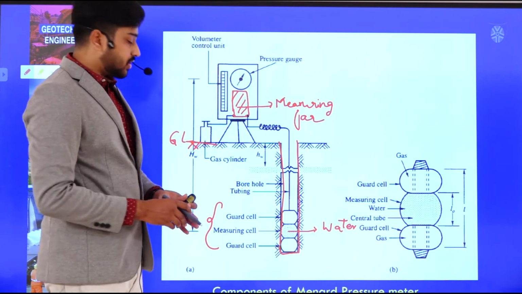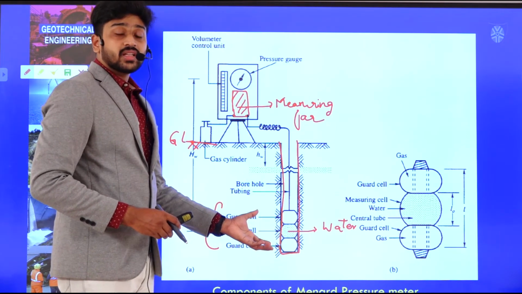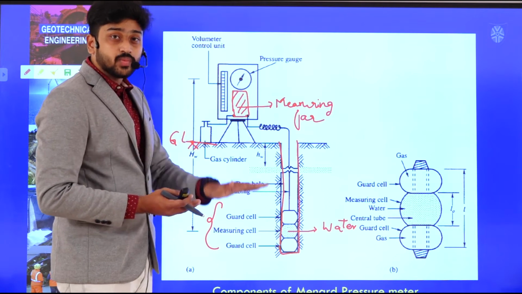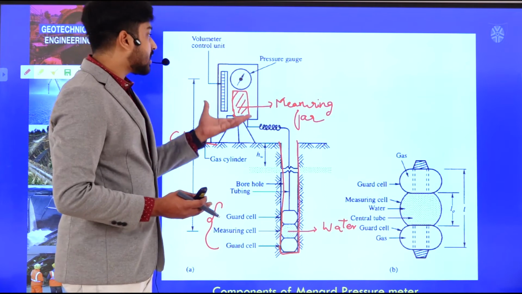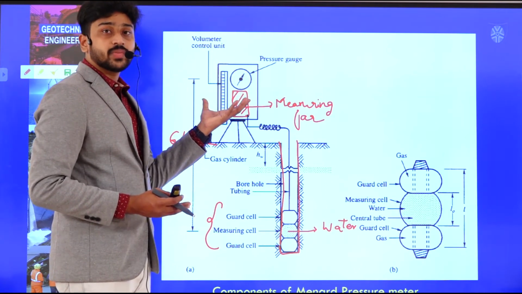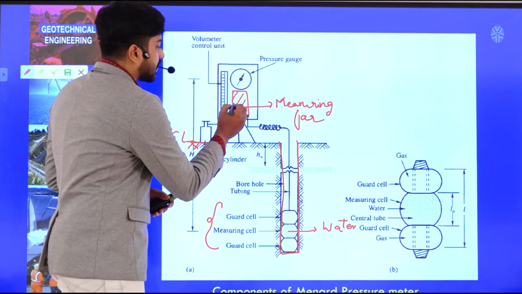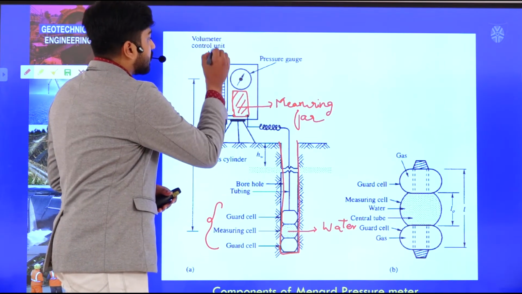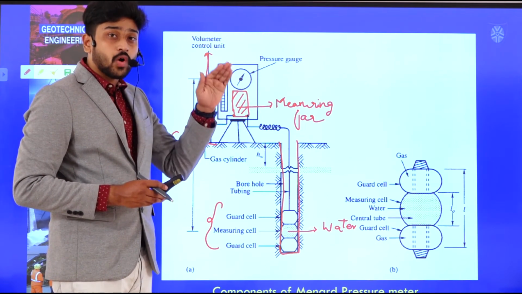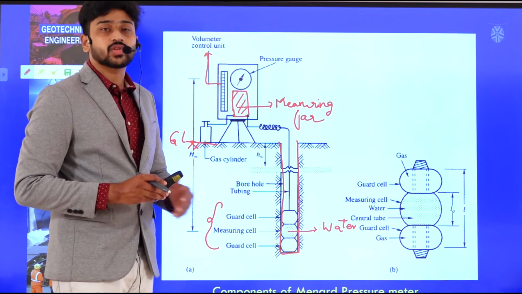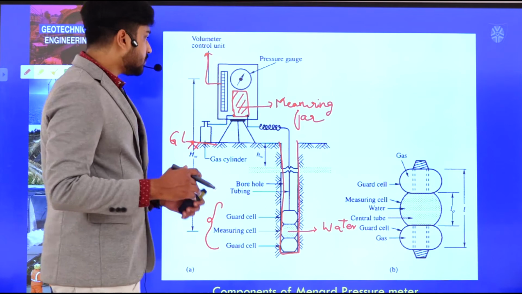The external guard cells try to compress this water and push the soil down so that the soil will deform. The pressure to this guard cell is supplied through this pressure gauge meter. Correspondingly, for this measuring jar there is a control unit, so that we can understand the change in volume, that is, how much compression of the soil is taking place, and we can record it. Clear?